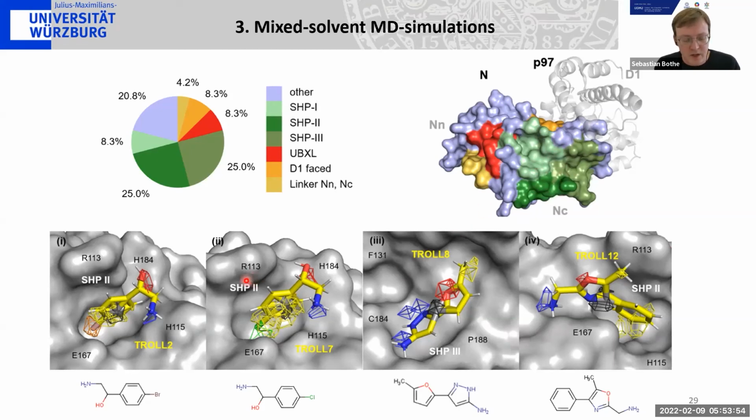And further, we could postulate a binding pose for 4 fragments. You see here different ligand occupancies for selected ligand atoms during the MD simulation, and that showed a defined pose.